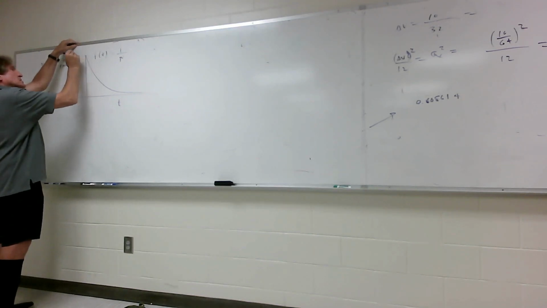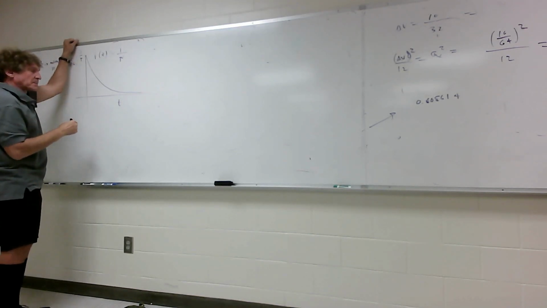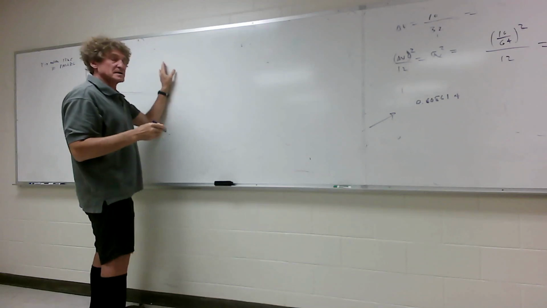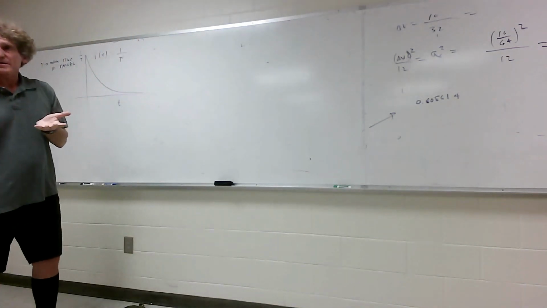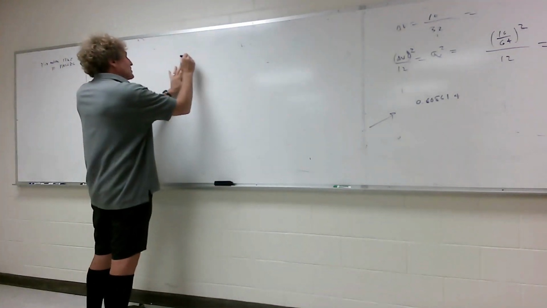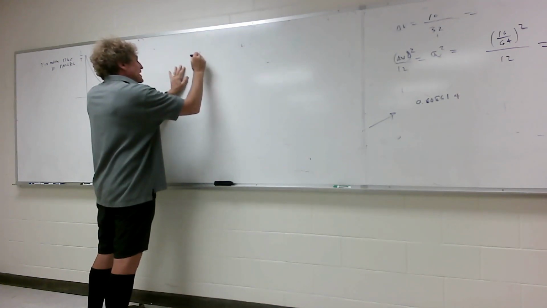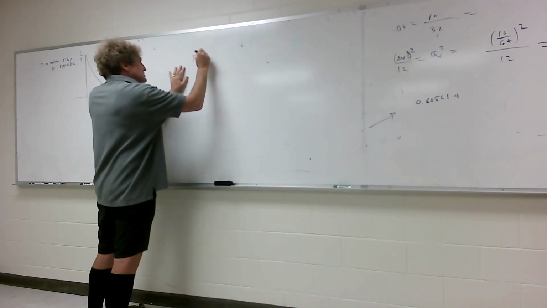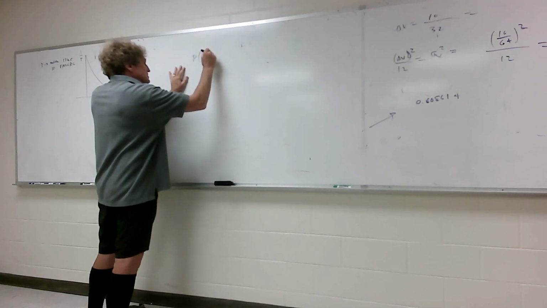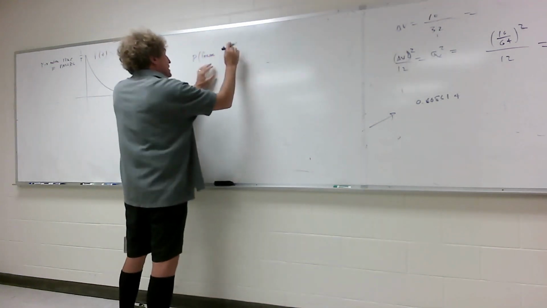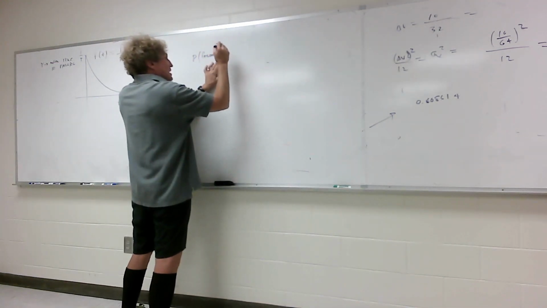And this value is going to be 1 over tau here. And if you look at this, what does it mean? It means the probability of something failing from 0 to t.